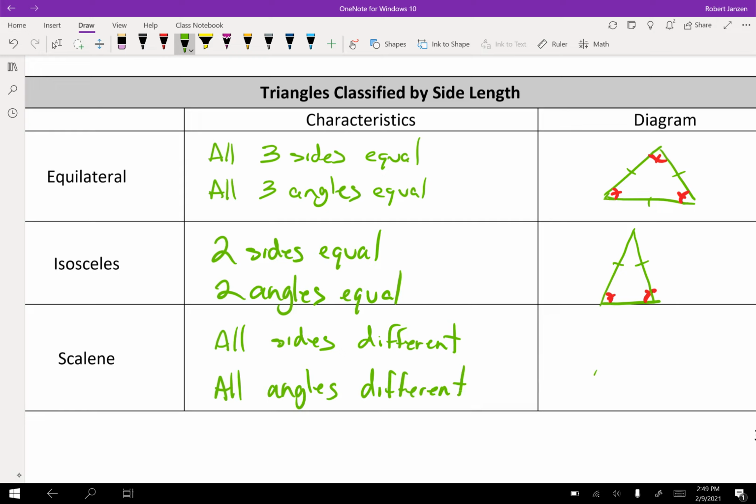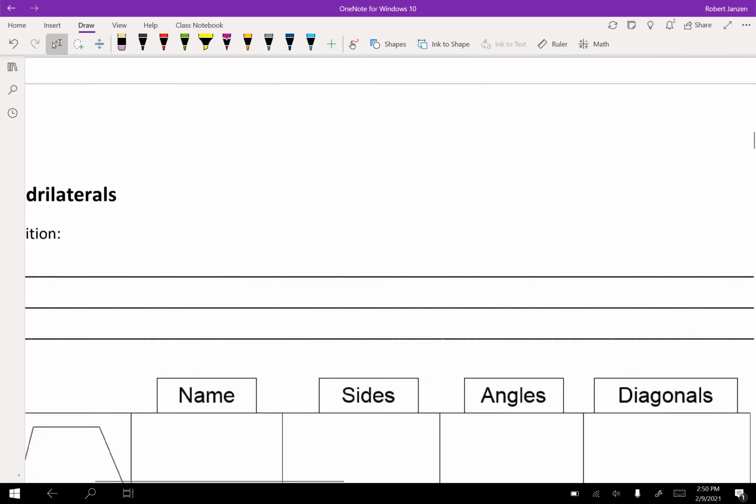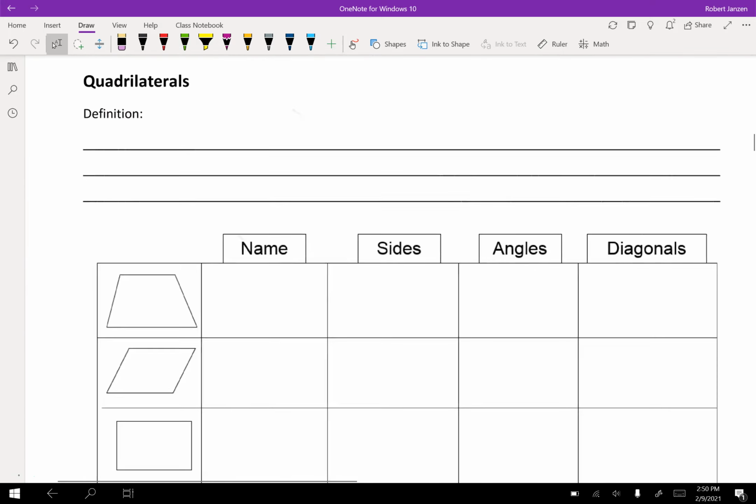So let's make a short side, a little bit of a longer side, and then an even longer side there. In this case, I'm going to do this to show that each side is a different size. So that's classifying triangles.